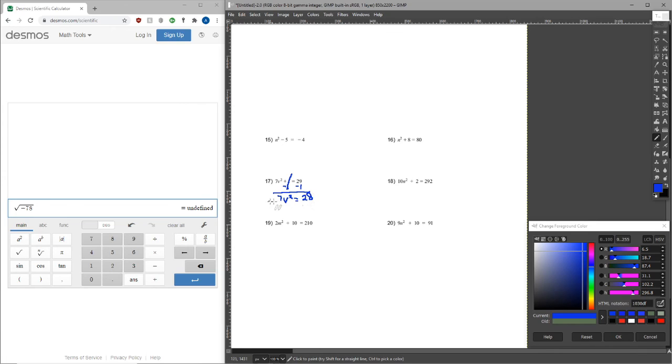Now, we want to get rid of this 7 because we need to have v squared all alone so we can take its square root. So, divide away the 7, which will cancel out that 7, and leave v squared all alone. 28 divided by 7 is 4. And we have one thing left. You've got to get rid of that square, so you need to square root both sides.